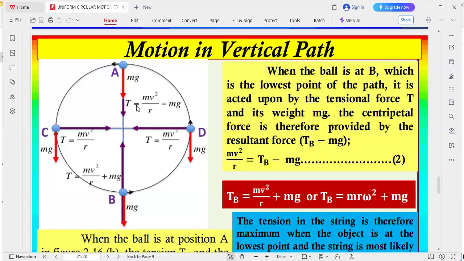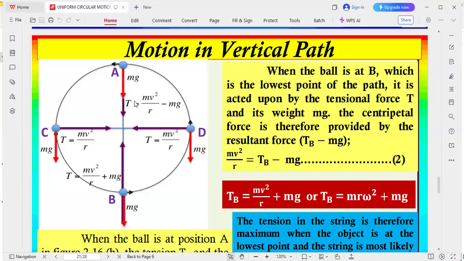And we know centripetal force is mv squared over r. So mv squared over r plus mg equals tension. Sorry, it's supposed to be centripetal force Fc equals tension in the string plus mg.